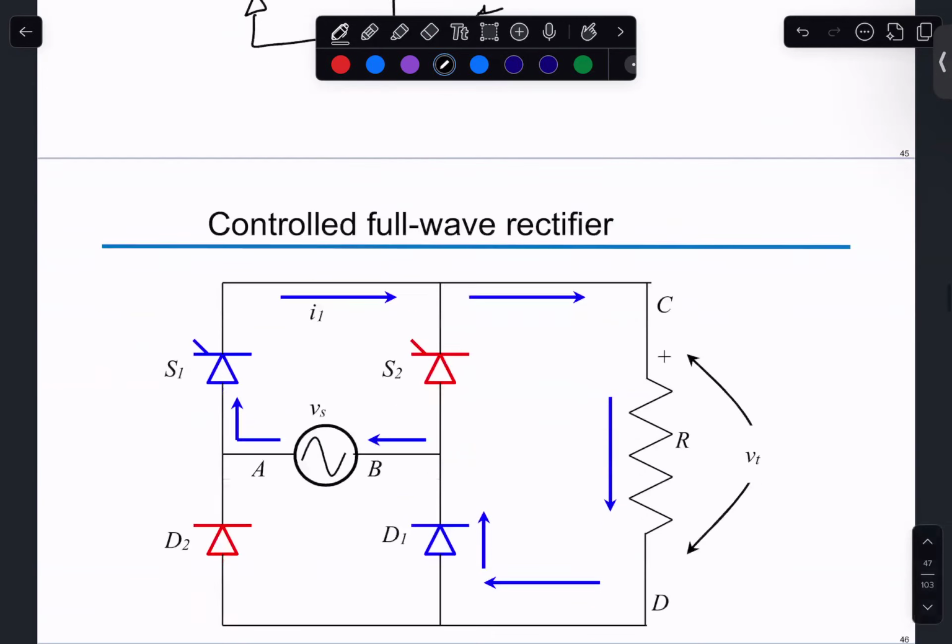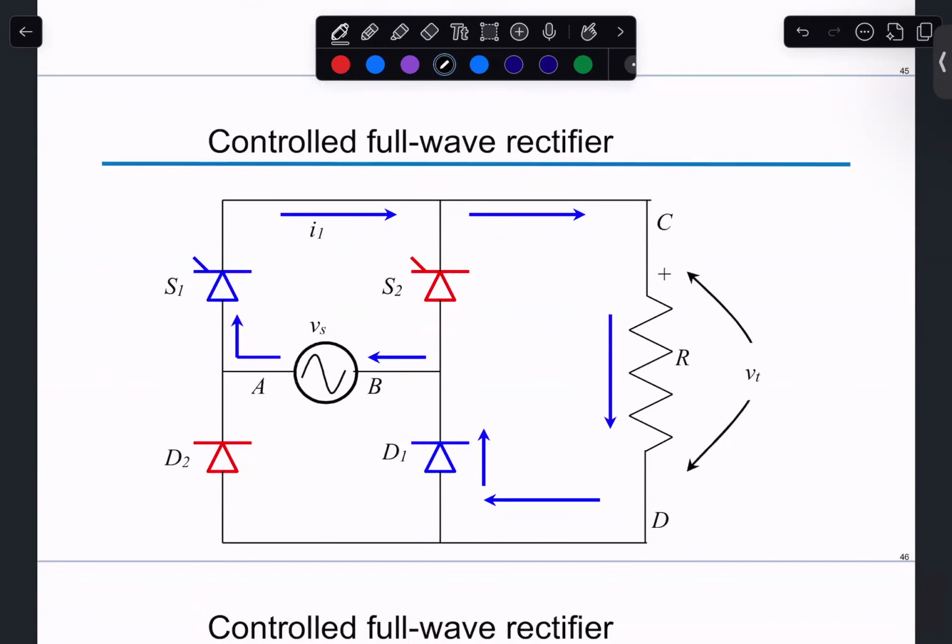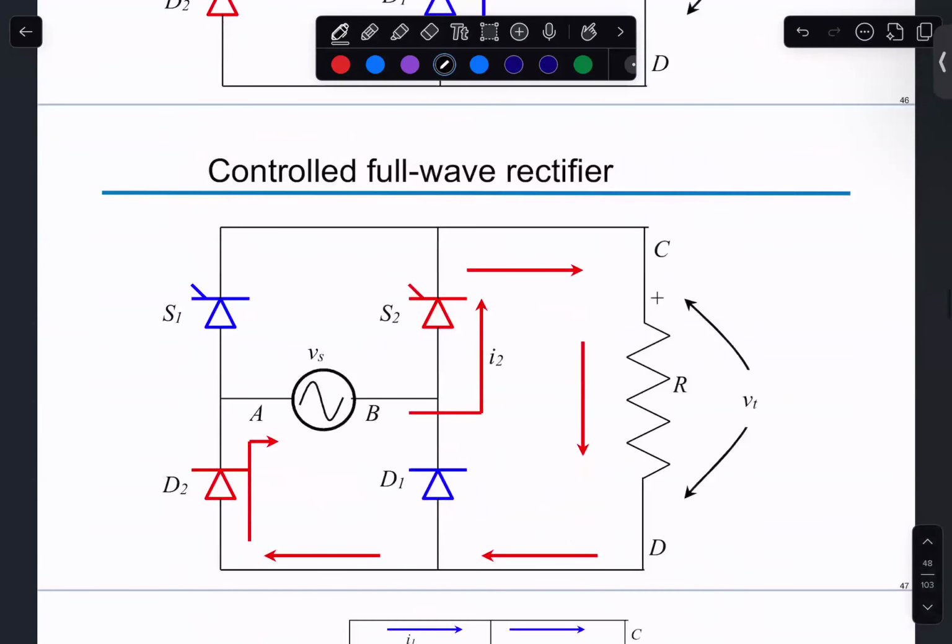The way this works is if you look at this path, the blue path, S1, this SCR already controls when this path can conduct. So this D1 could stay a diode. We don't need D1 to be an SCR. We could have it as an SCR, it's not necessary. And for the right path as well, we just need one of these to be an SCR.